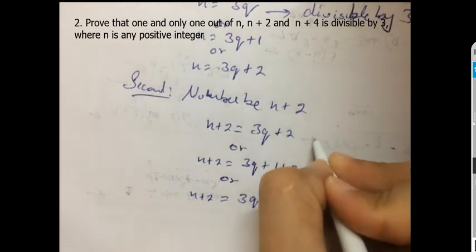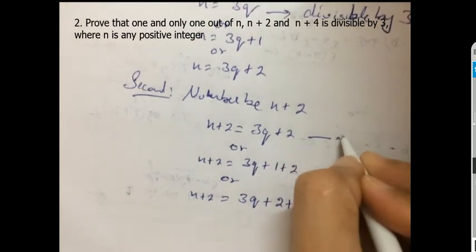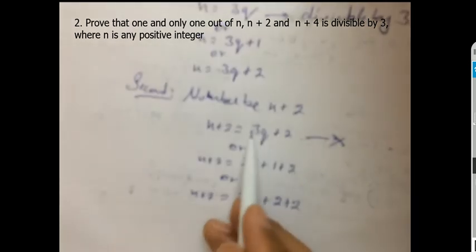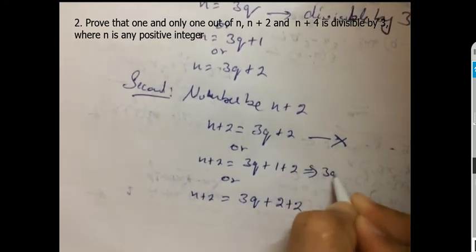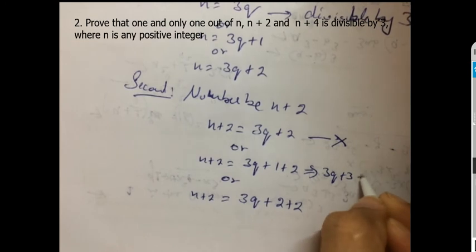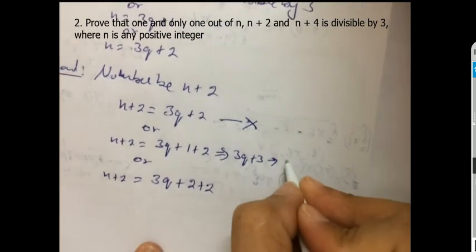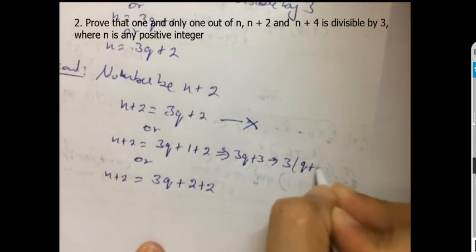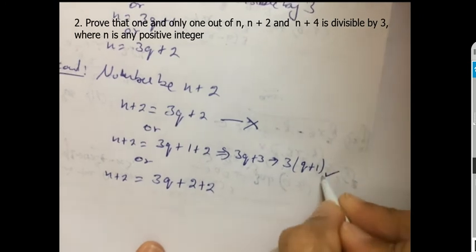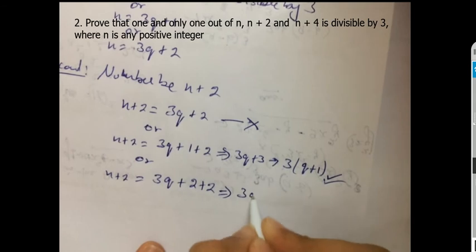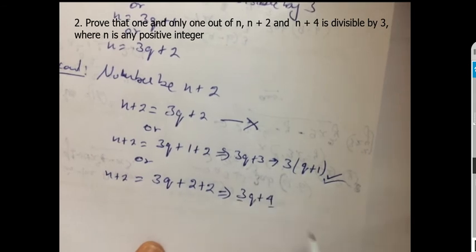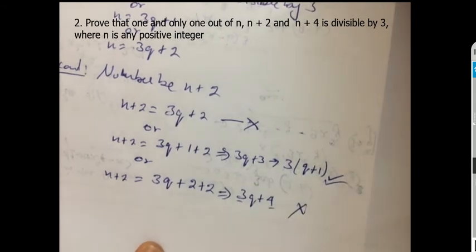The first is not divisible by 3, because 3 and 2 do not have any common factor. The second becomes 3q plus 3, which can be written by taking 3 common as 3 times q plus 1. So this is divisible by 3. The third becomes 3q plus 4, again no common factor, therefore it is also not divisible by 3.